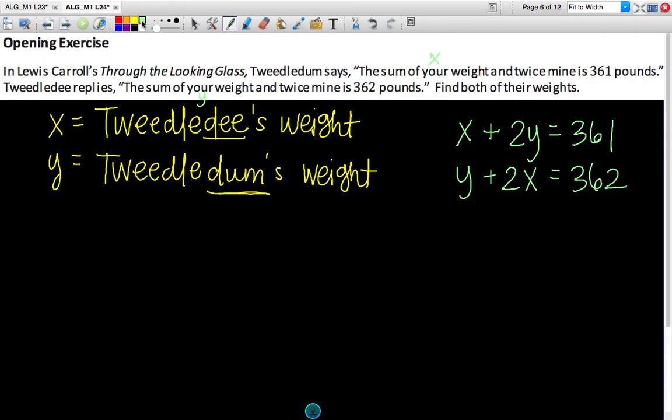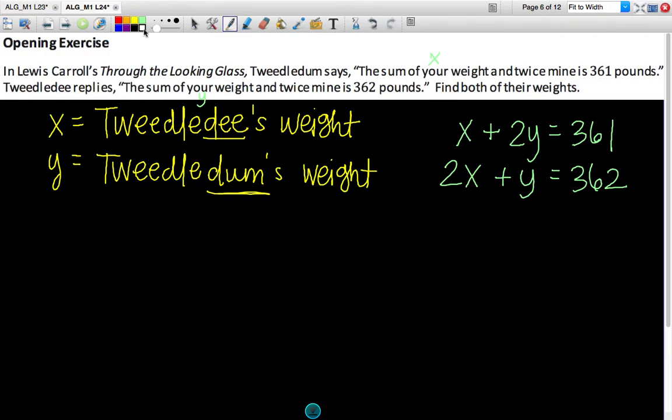Okay? So the first observation you should be making on this system is that we have a system, but our x's are not aligned and our y's are not aligned. So let's rewrite this bottom equation so that our x's come first. So y plus 2x is going to become 2x plus y, so that they are all in alignment. Now let's look at our system.